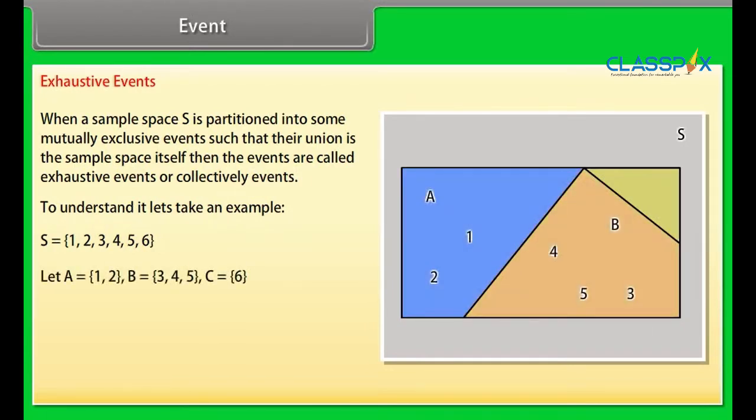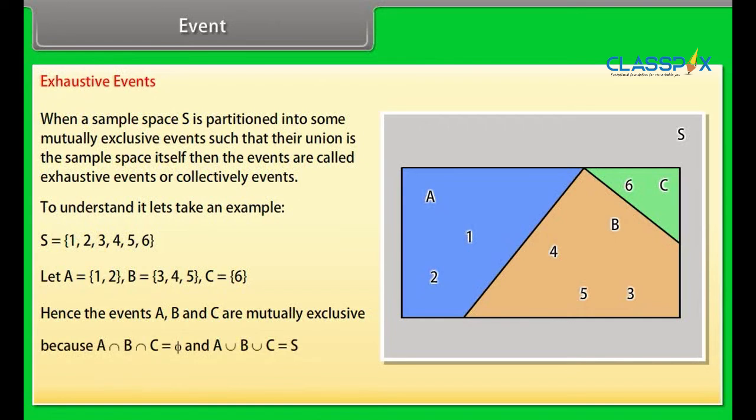B is equal to 3, 4, 5. C is equal to 6. Hence the events A, B and C are mutually exclusive because A intersection B intersection C is equal to phi and A union B union C is equal to S. So the events A, B and C are exhaustive events.